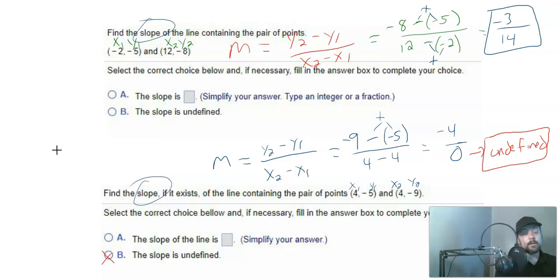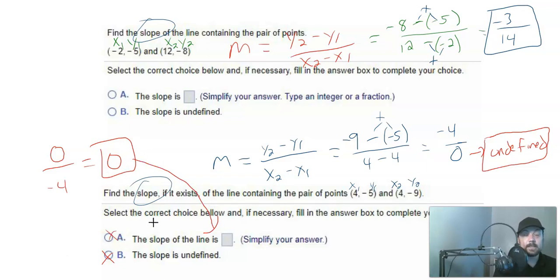If the numerator is 0, so if we had instead got 0 over -4, this is okay. This is a perfectly valid mathematical operation. You take 0 divided by -4 and you get 0. 0 divided by any number is going to be 0, right? And so in that case, the slope would be 0, and you would write the answer for option A, right? So if the slope is 0, that's fine.